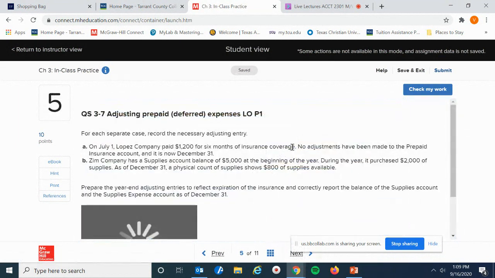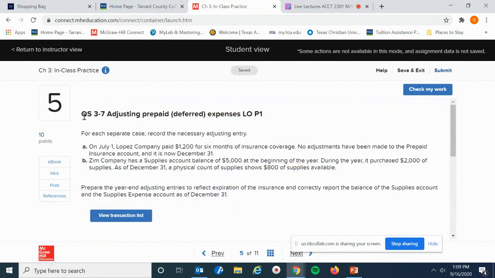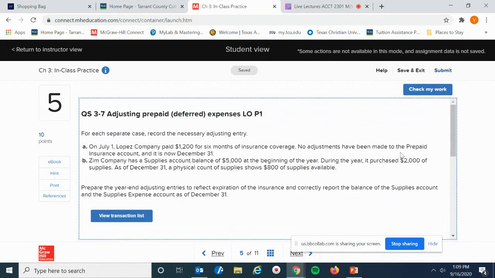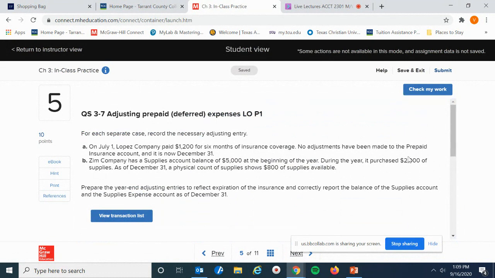And we are going to go to QS 3-7. And I want all of us to take just a minute. Remember what we talked about so far are deferrals. So having that in mind, take just a minute and read through the instructions here, and let's try to work this problem.